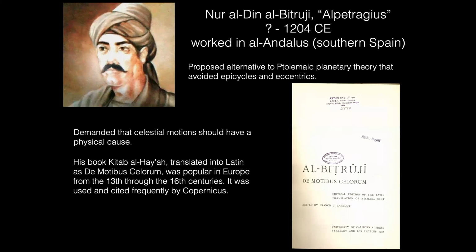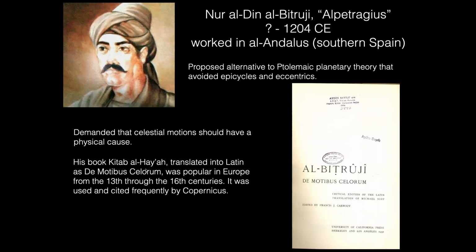Al-Vitruji was another one who tinkered with planetary theory, and he proposed an alternative that avoided epicycles and eccentrics, but nevertheless, it was not a heliocentric system. It was not very successful, but it was introduced to Europe and was debated well into the 16th century.